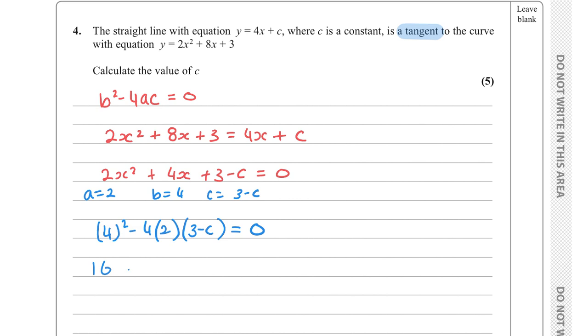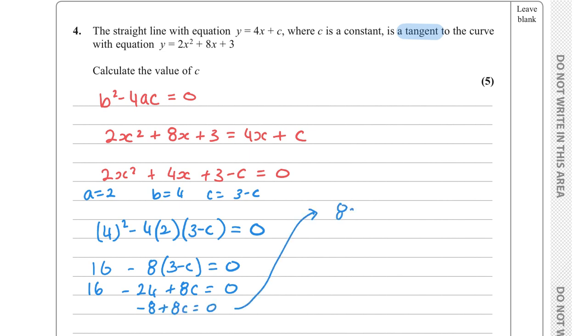So 16 minus 8 lots of 3 minus c equals 0. 16 minus 24 plus 8c equals 0. So that must mean that minus 8 plus 8c equals 0. 8c equals 8, so c equals 1.